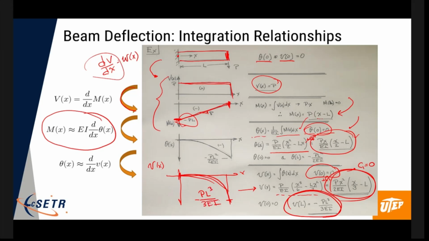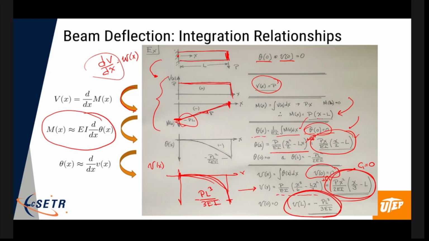So they're going to tend to be quadratic relations. They're going to tend to be polynomial relationships, right? So when we had the distributed load as constant, then the shear is linear, the moment is a quadratic, the slope is a cubic, and then the deflection is a quartic.